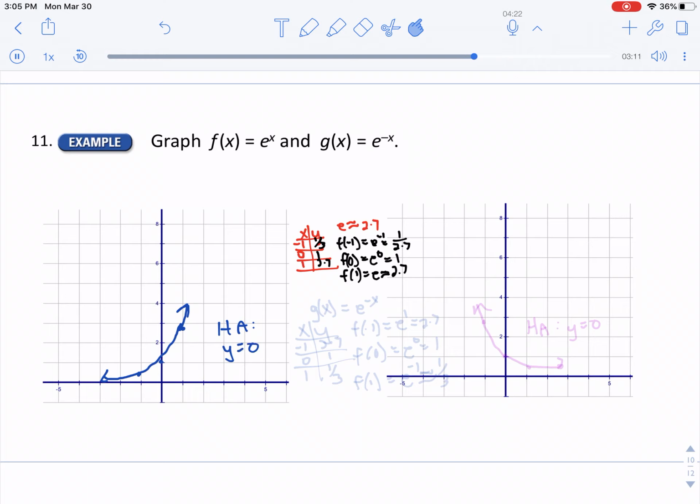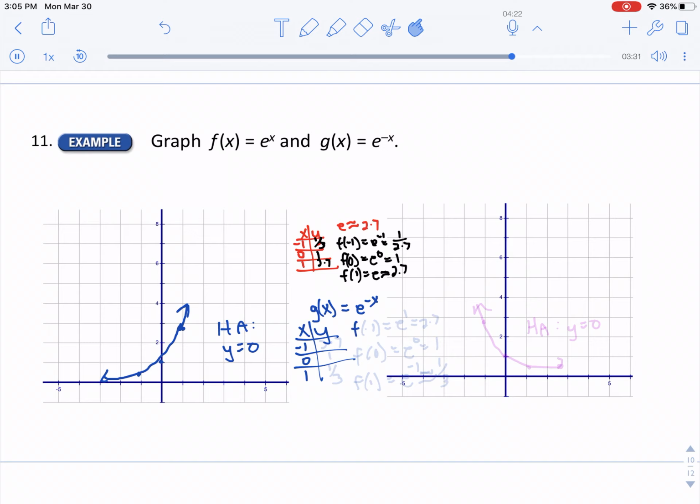All right, let's go do it now with the second one, which is g of x. So g of x is equal to e to the negative x power. So we're going to make our t-table, and this time in our t-table we're going to put a negative 1, a 0, and a 1.